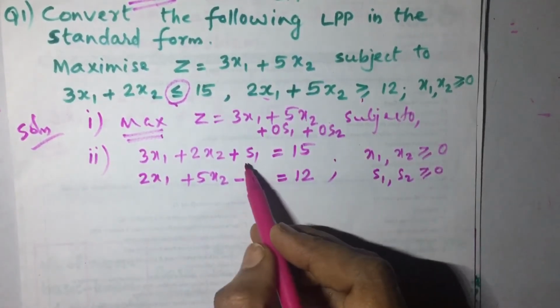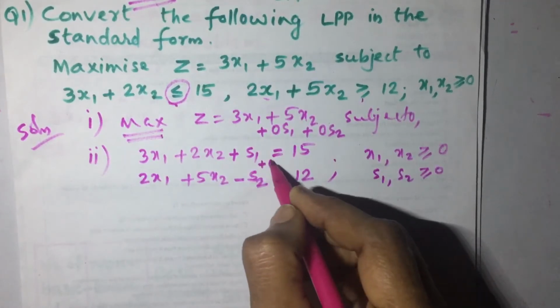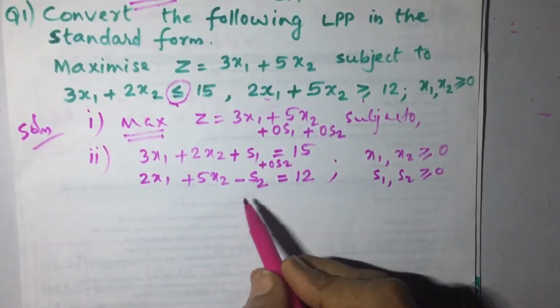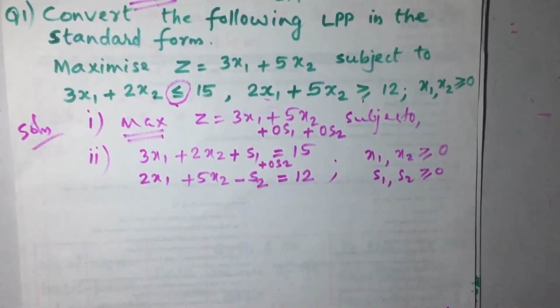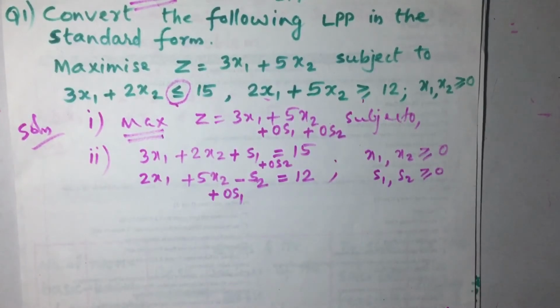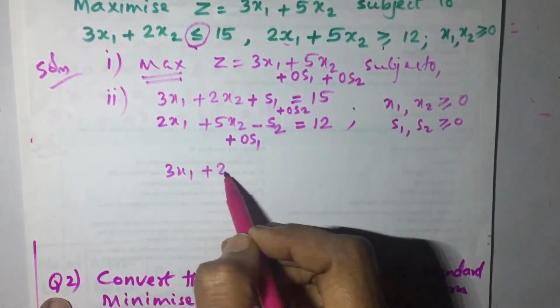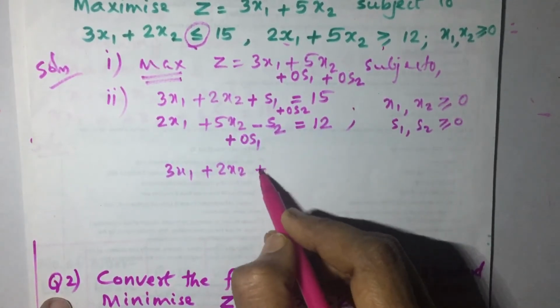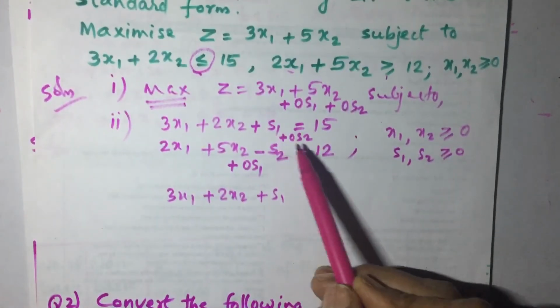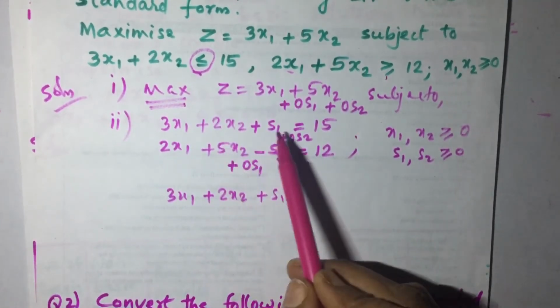Here also, s1 plus 0 s2, and here s2 is subtracted, so you have to put 0 s1 here. So 3x1 plus 2x2 plus s1 I added. Now again x1, x2, s1, s2, 4 variables are there.